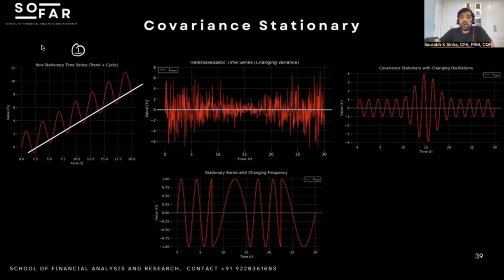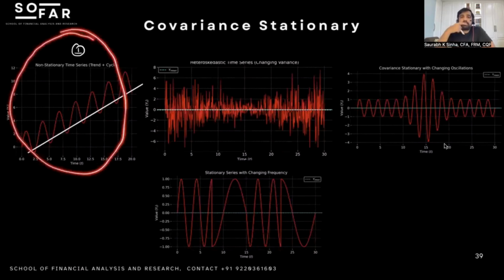Okay, so I got one no, I got one yes. Others, is this image covariance stationary or not?